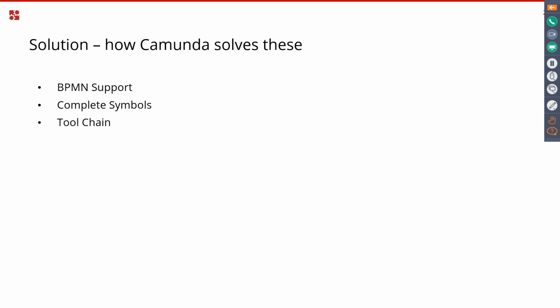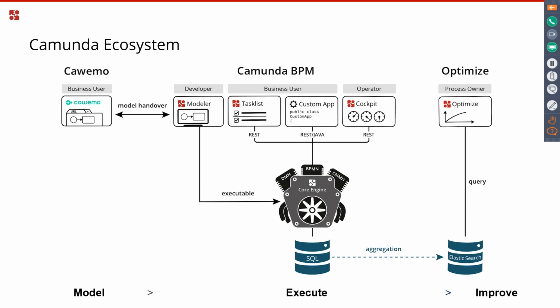Very good. And then the toolchain is something we can show everyone and maybe demo. Just for those who don't know, this is a nice little picture showing our toolchain. We start with Cawemo on the left, which is a business tool for modeling. Then we also have a developer tool, the Modeler. That's where a developer will go and actually add the required parameters to make things work.